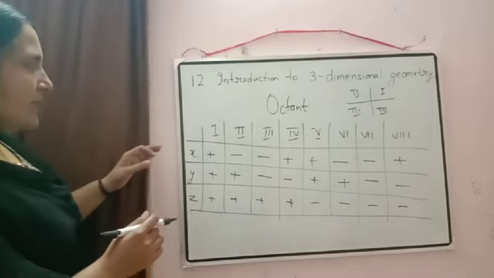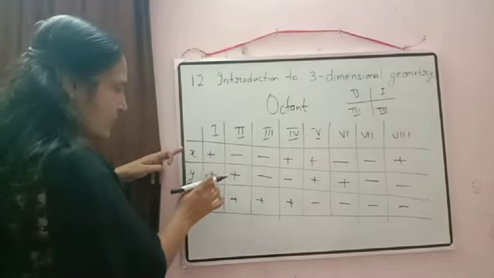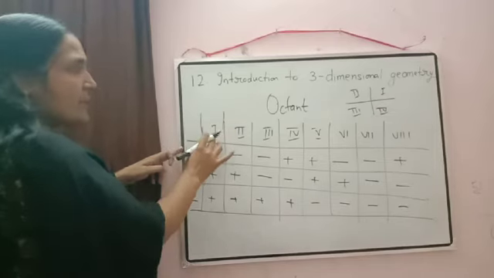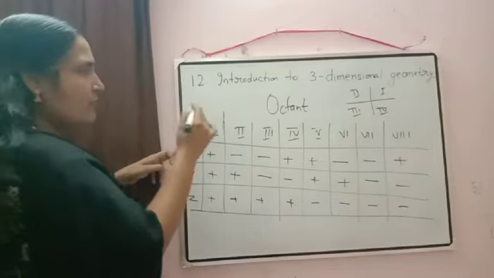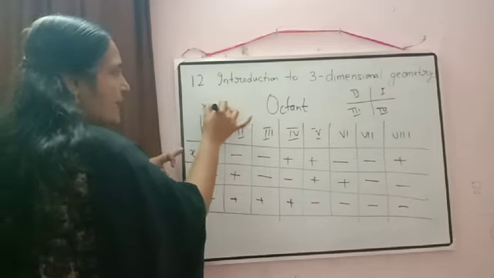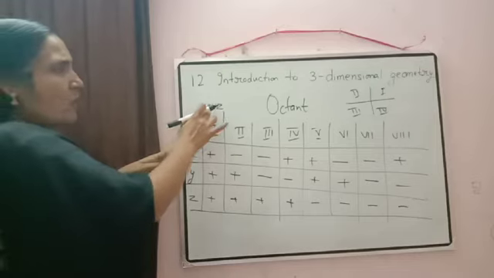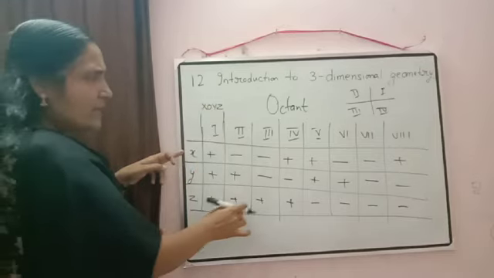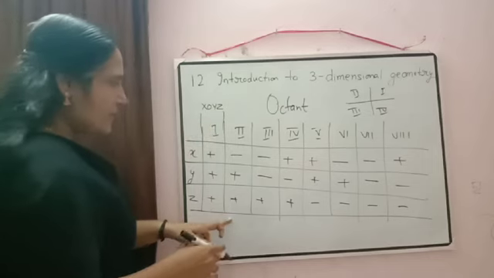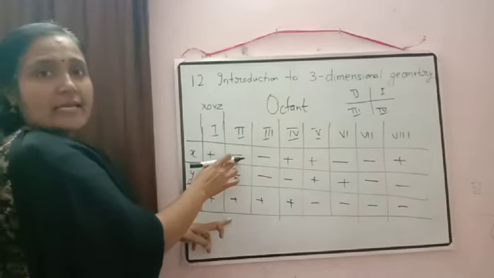So this is the easy way to check the sign of points in each octant. Now you just check: x coordinate, y coordinate, z coordinate, all are positive. This is the first octant, or if you want to say it as a plane, we say x, o, y, z plane, where o denotes the origin. Now in the second octant you can check, our x coordinate is negative.